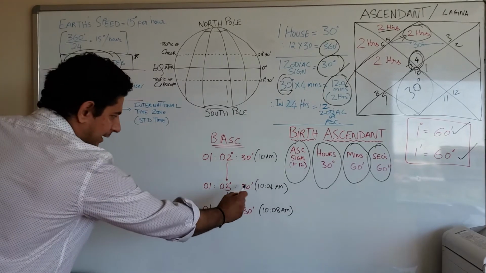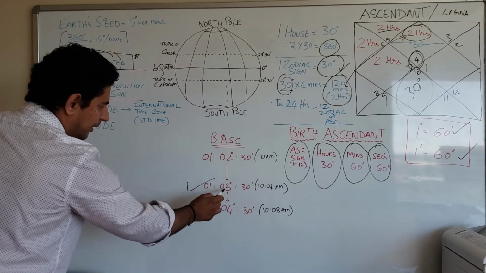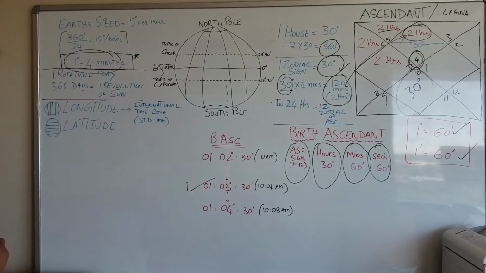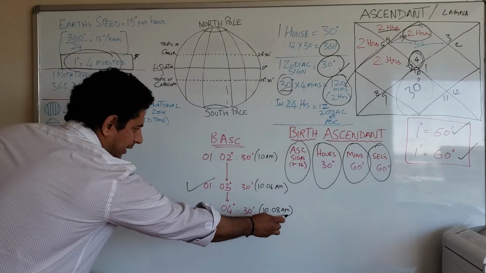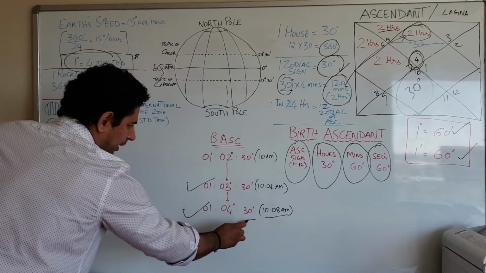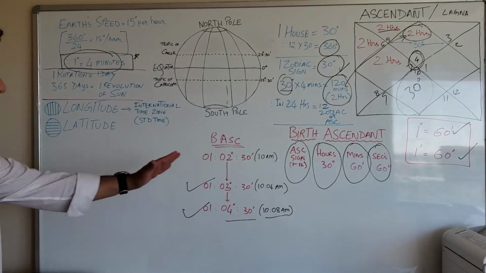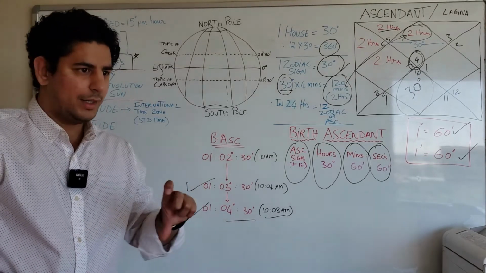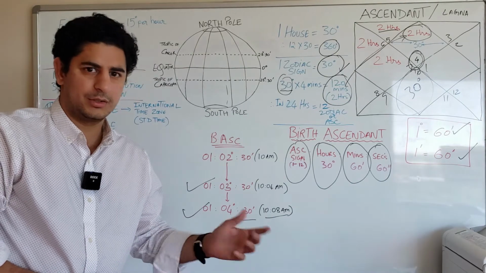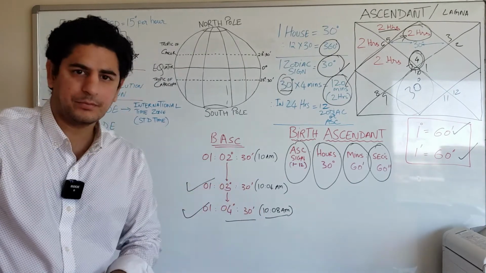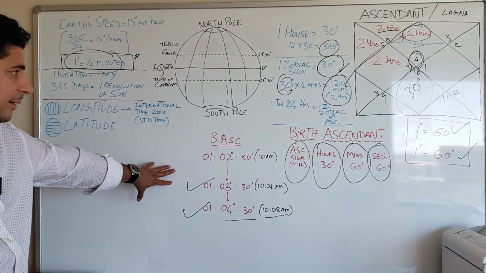So right at 10:04 a.m. it will be 3 degrees 30 seconds, and at 10:08 a.m. it will be 4 degrees 30 seconds. So it's moving at the speed of 1 degree per 4 minutes. So that was also basic.